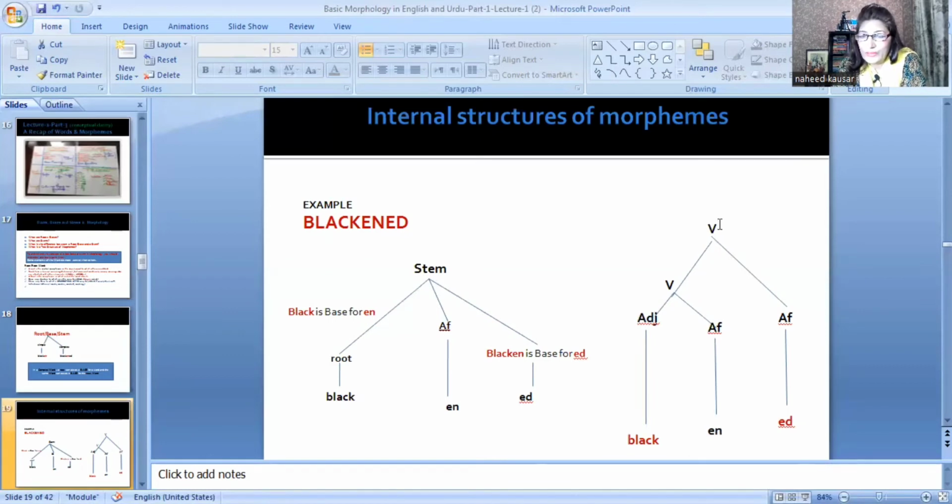And we know that the base is the word which has its components as the adjective black and the affix en. And as we have made further words as blackened, and there is another inflectional morpheme added to this base, the whole construction is the stem.